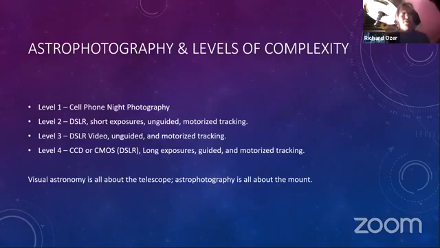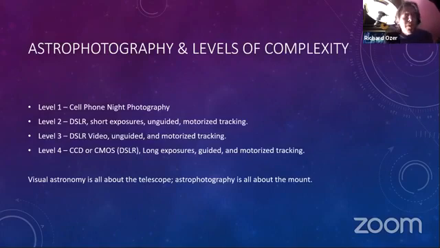Level 3 is shooting video with a DSLR, also unguided, also with motorized tracking. And level 4 is using a CCD or CMOS dedicated astrophotography camera or a dedicated DSLR shooting long exposures with the telescope mount guided and with motorized tracking. And that's where the most advanced and ultimately most expensive equipment comes in.